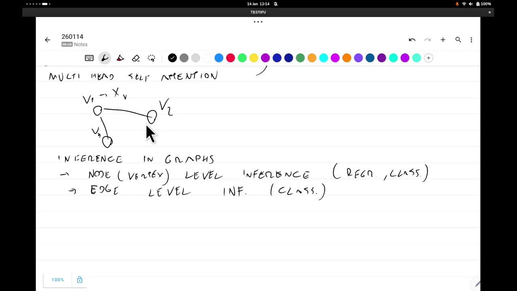So you infer if there is an edge or not.